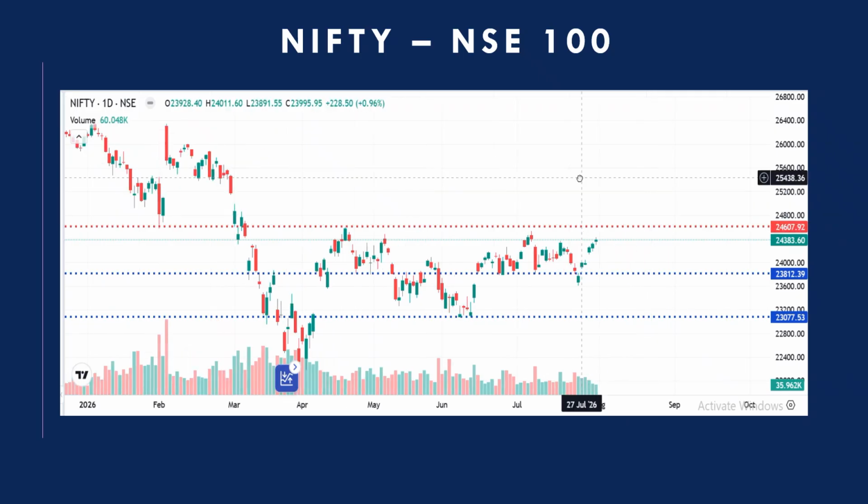Therefore, it's best that we either look at taking a breakout trade with a tight stop loss, or wait for Nifty to print its next candle after it has hit the resistance area of 24600.